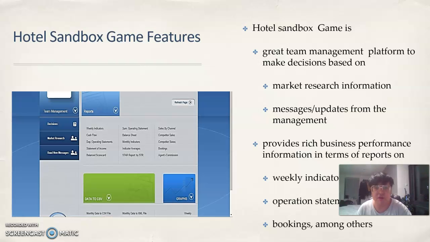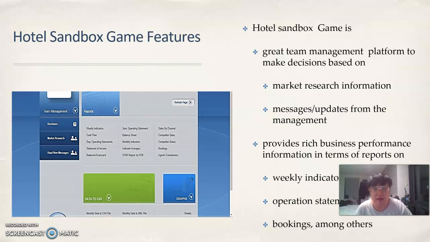To get the experience of the marketing and business management functions of an organization, especially, the Hotel Sandbox game is a simulation game which imitates the real-world operations and processes of hotel management and provides tools for informed decision making. It appears as a great management platform which allows making efficient decisions based on market research information and updates received from the hotel's management.